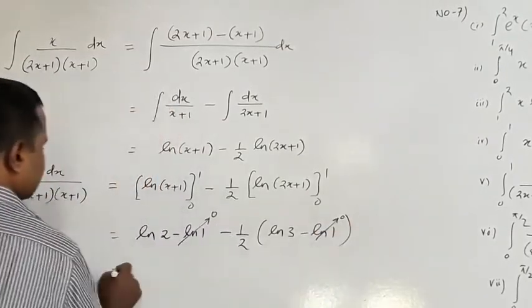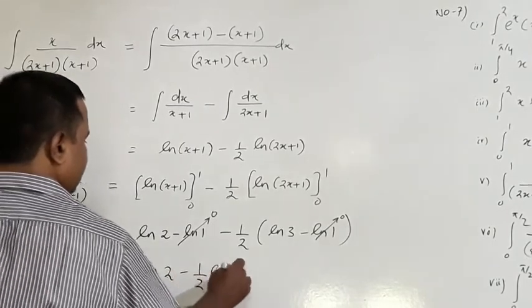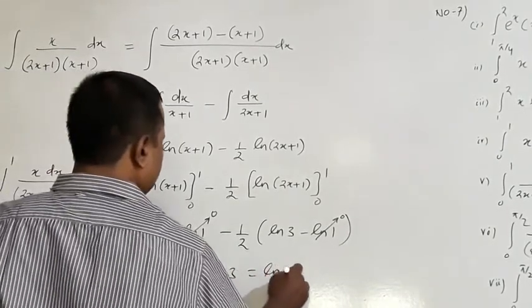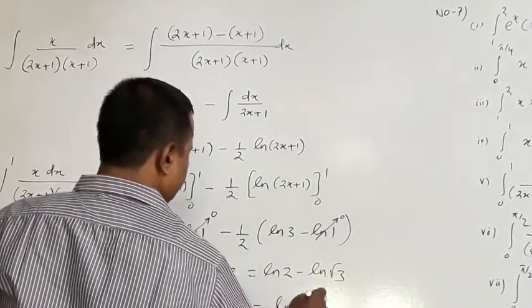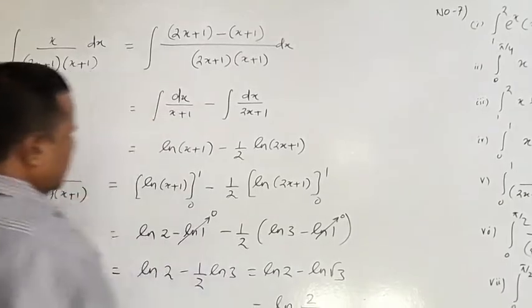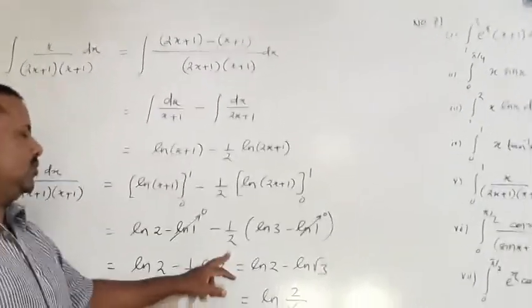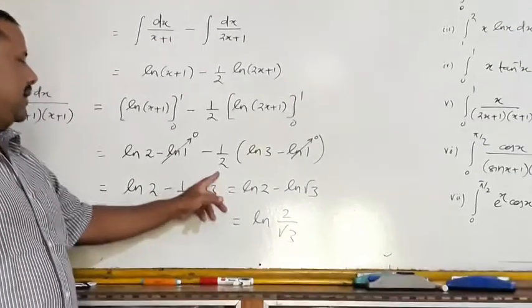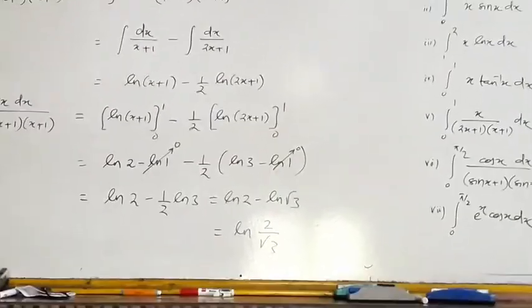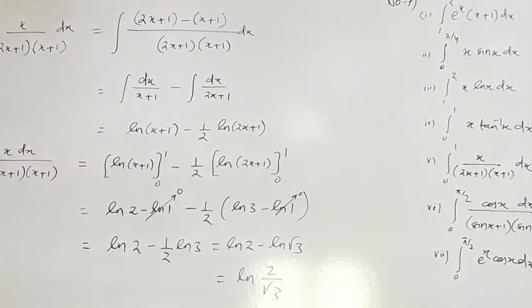So the result is ln 2 minus 1 by 2 ln 3, that is ln 2 minus ln root 3, that is ln of 2 by root 3. Because the half goes to the power of 3, ln 3 to the power half is ln root 3. So ln of 2 by root 3. Okay. Now the sixth and the seventh problem.